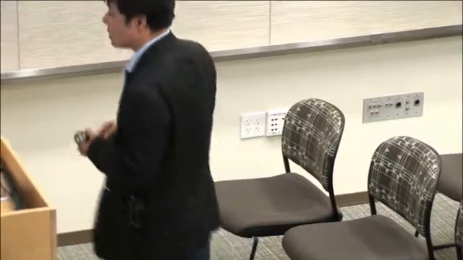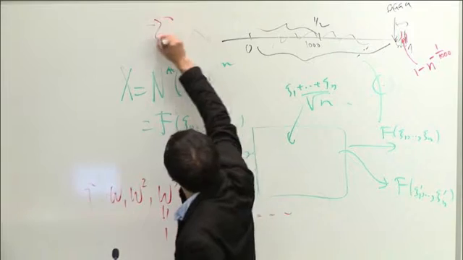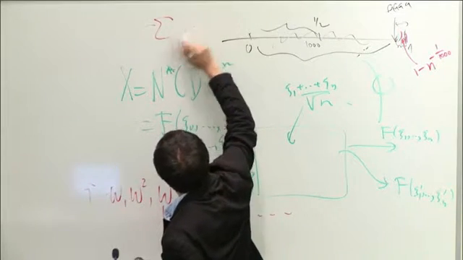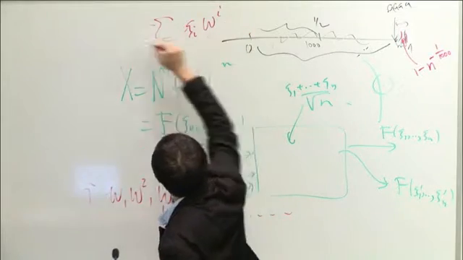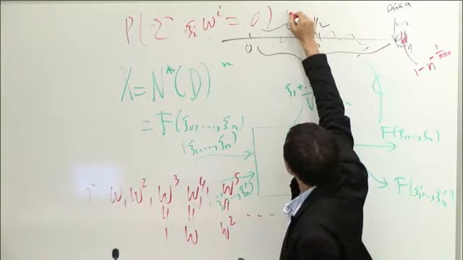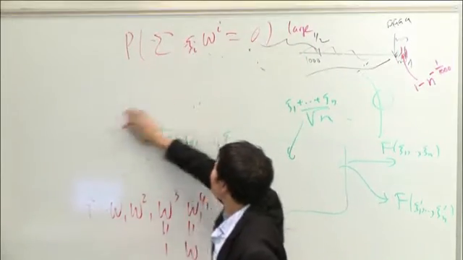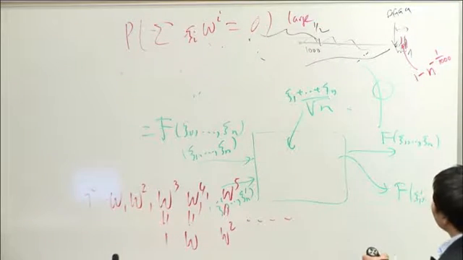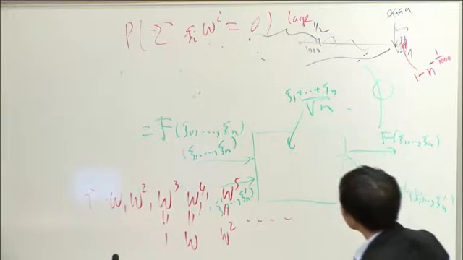But if we go back to the problem that we had before, we have the sum of the c_i, w to the i, and we care about this probability at 0, say that this probability is large. This is only the toy case, because what we really care about is that this probability is small, not only at 0, but let me take this toy case.